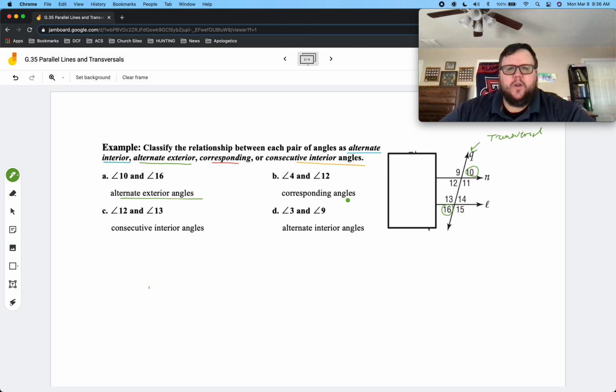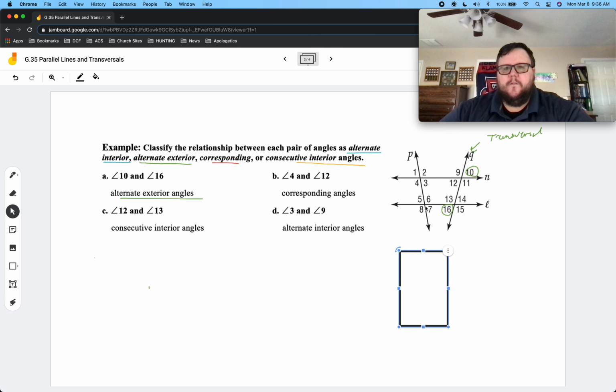Alright, so now we're going to do B, corresponding angles. We're going to do that in red. So angle 4 and 12. So I'm going to circle them in red so we know we're looking at this one.